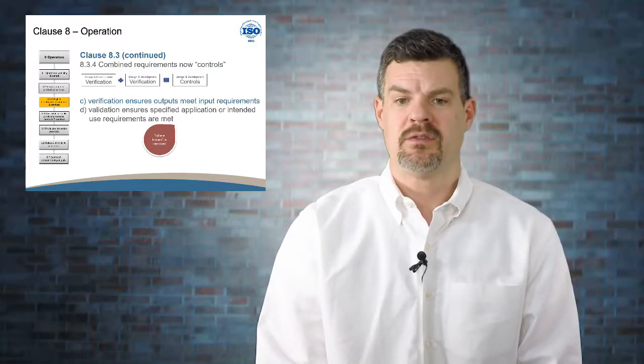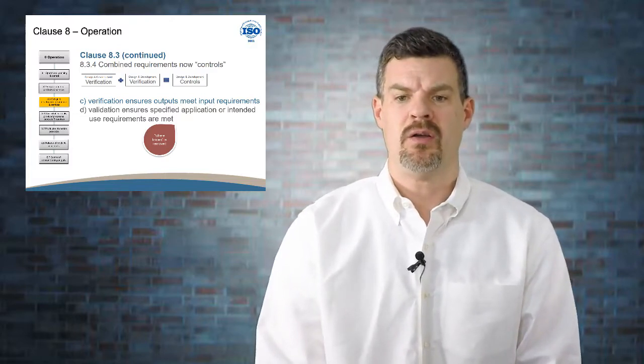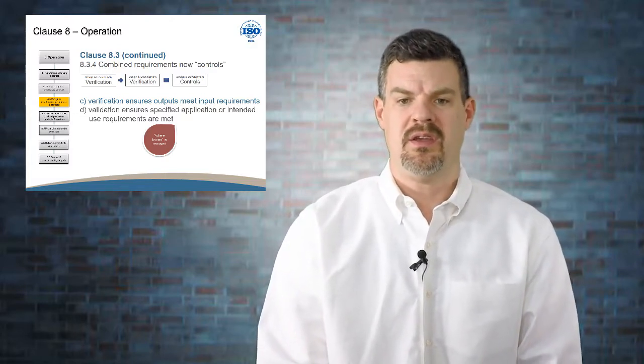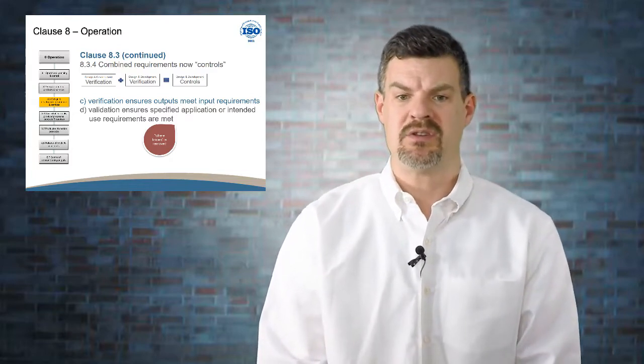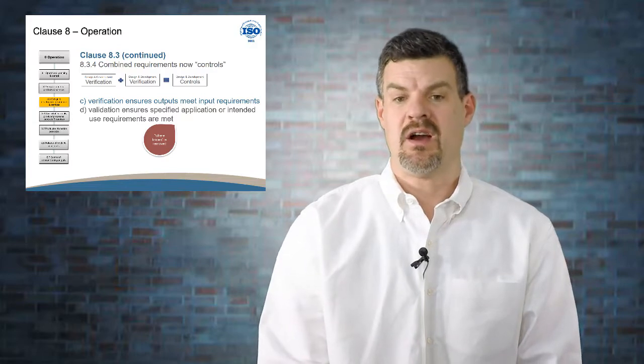So this reads, validation ensures specified application or intended use requirements are met, period. So it's really your responsibility as an organization to understand what the application and the intended use of your product or your services would be in the eyes of the customer.